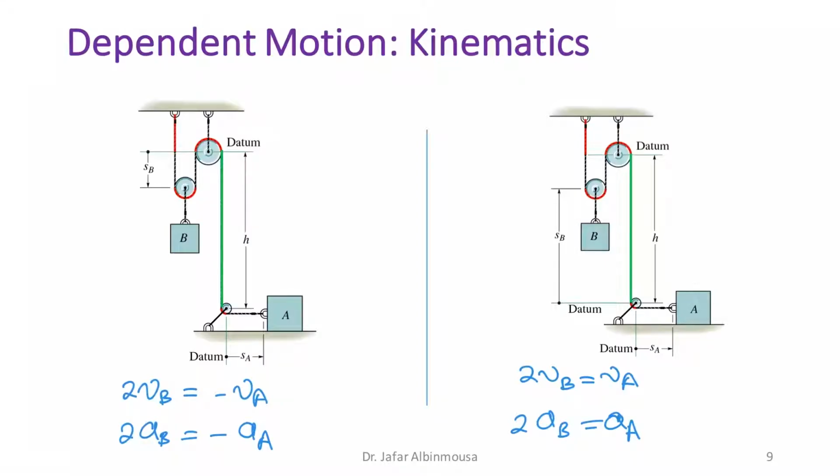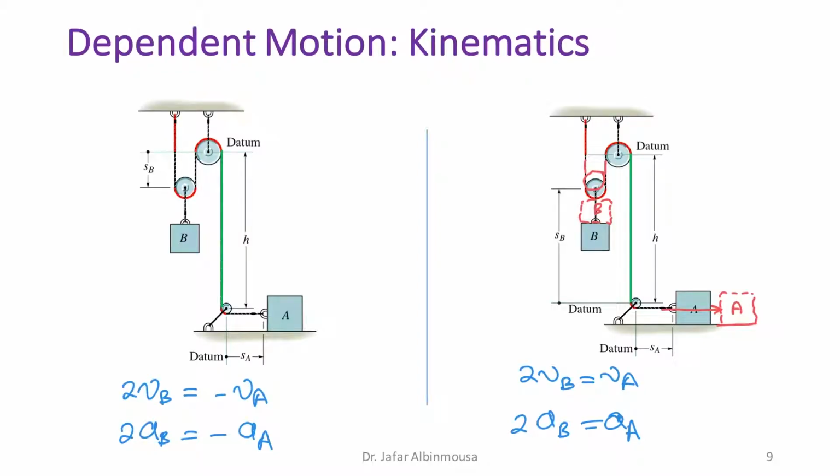Very simple. If block A moved in the positive direction, so if block A moved here, that's A, then what's going to happen to block B? It's going to move upward. And of course, the pulley is going to move here, and these two lengths will get shorter.